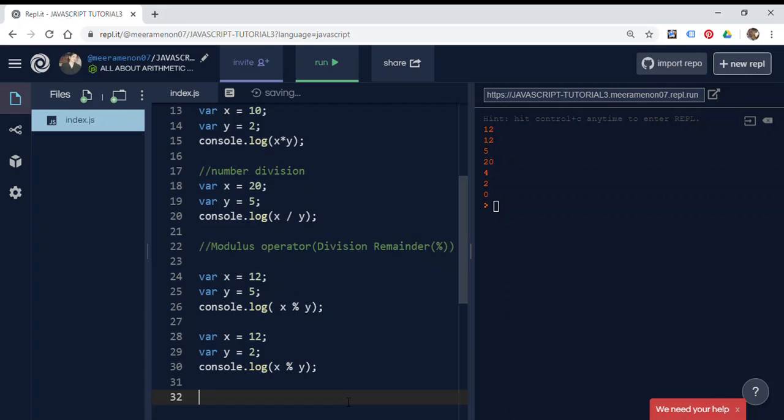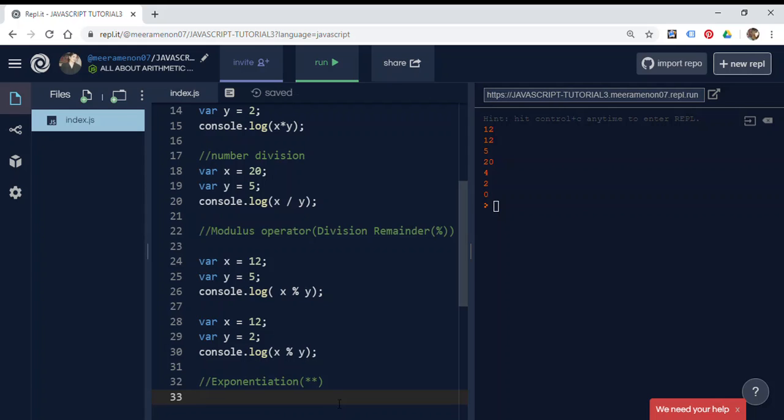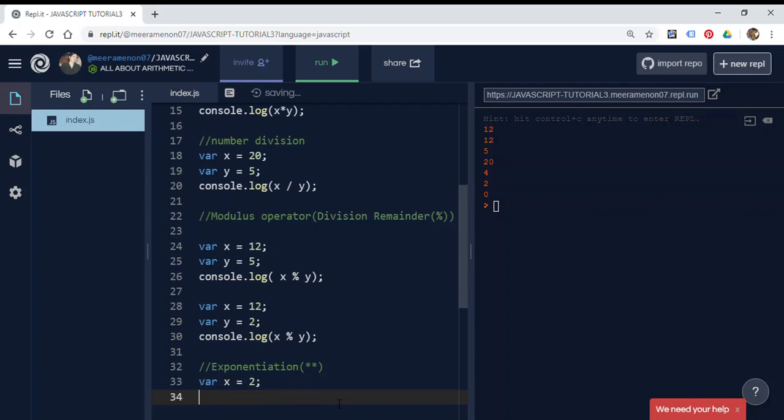Next we talk of exponentiation. Exponentiation you must have already done in arithmetic earlier. This is a symbol for that. Let's do it with an example. Variable x, let it be 2, variable y, let us give a value of 3.